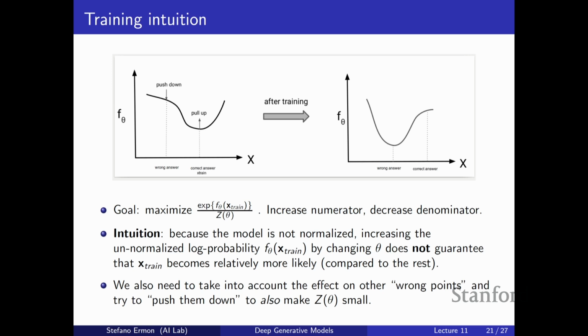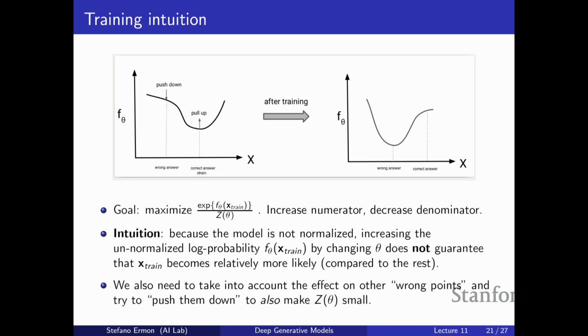You need to account for the effect that changing the parameters theta has not only on the training data, but also on all the other points that could have been sampled by the model. So somehow you need to increase the normalized probability of the training point, while pushing down the probability of everything else.